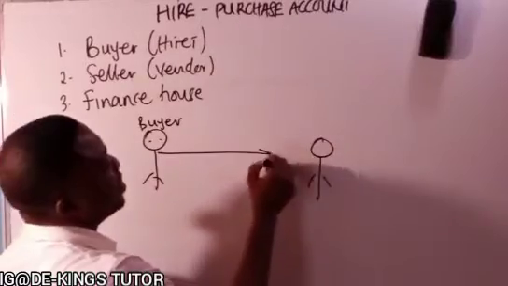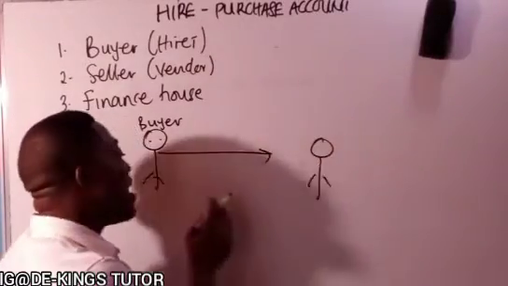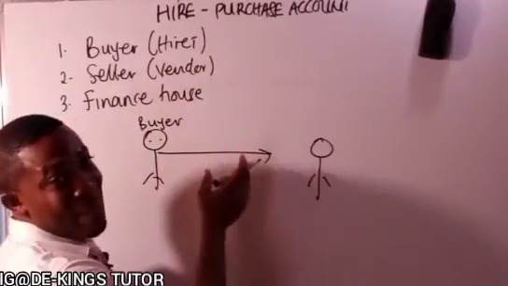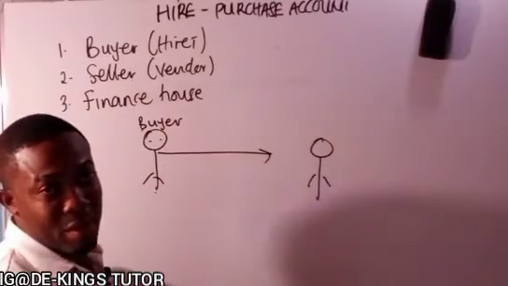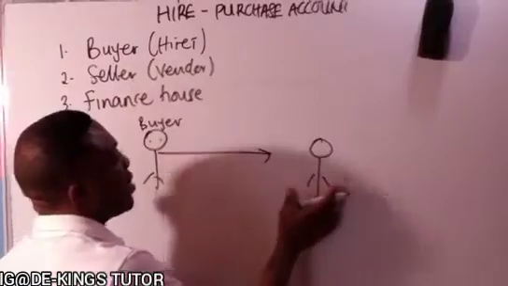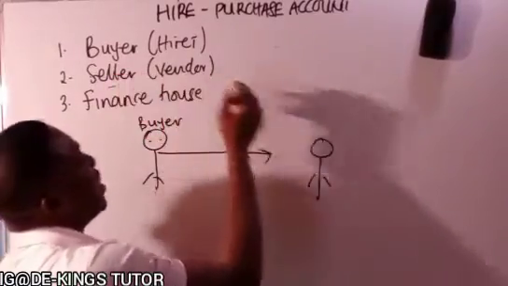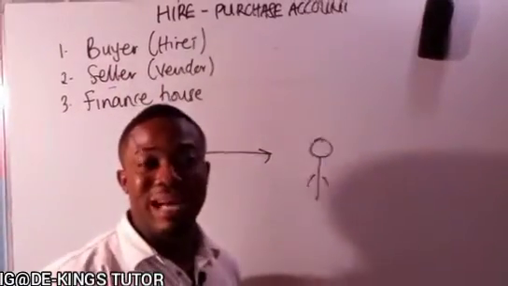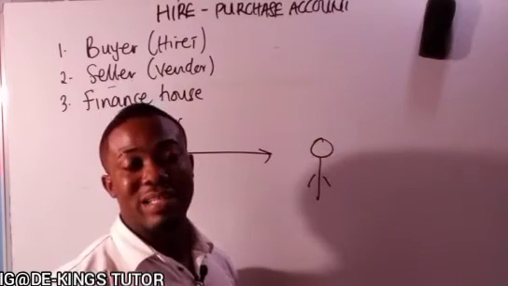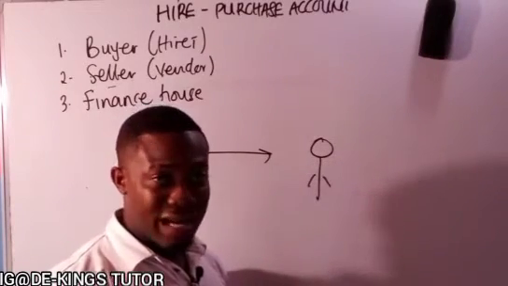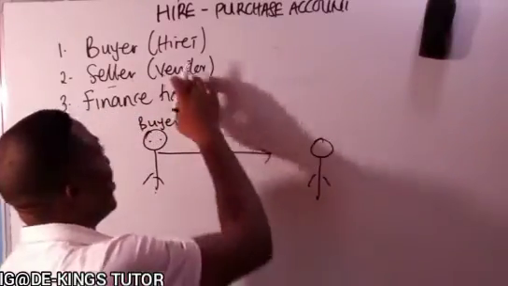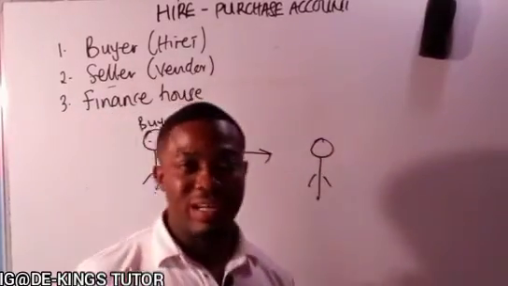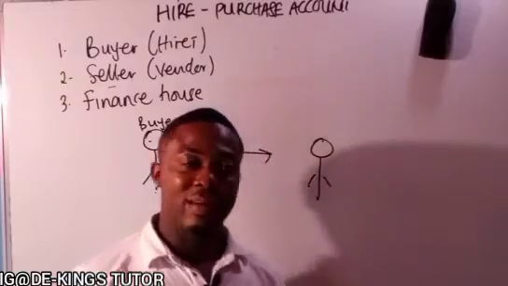He approaches this other person because he wants to make use of the asset. So this individual becomes the buyer, or the hirer. The other person, the vendor or the seller, refers to the person that owns the asset and wants to sell it, either on a hire purchase basis or on a normal sales basis. So the seller or the vendor is the owner of the asset that sells to the hirer.